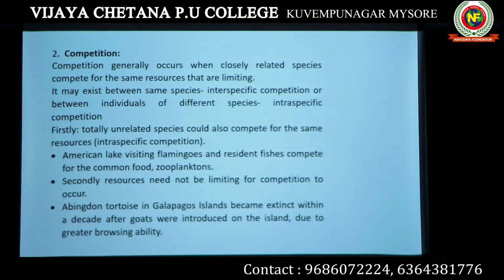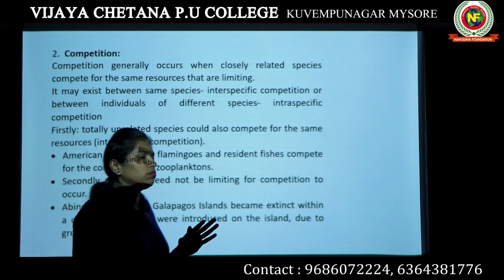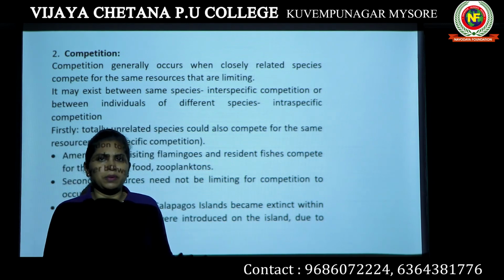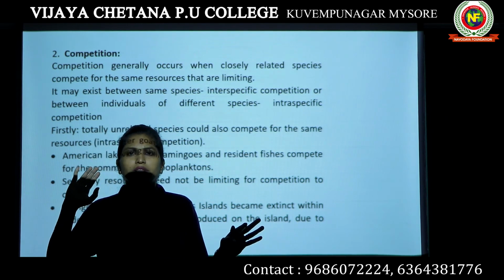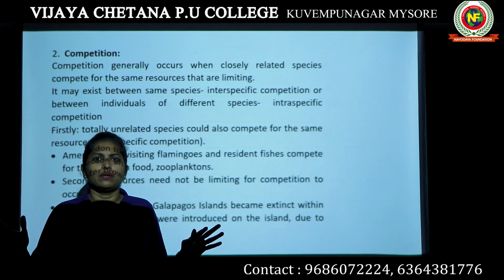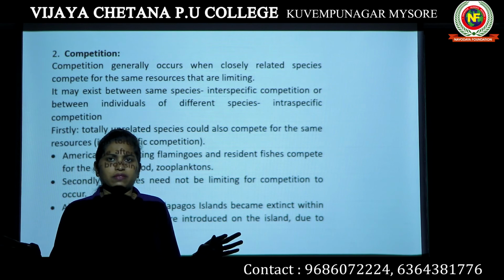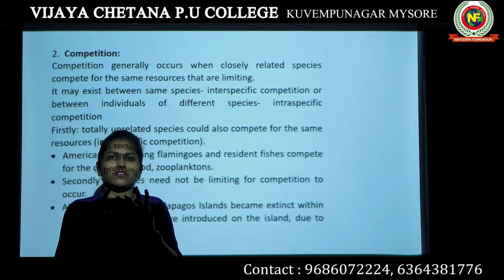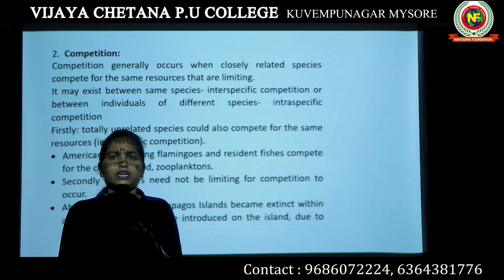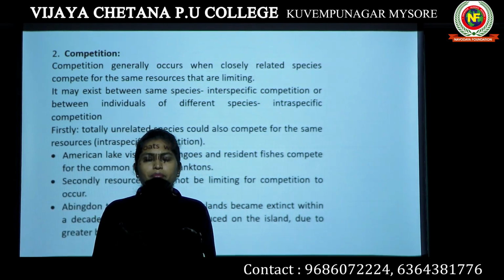Totally unrelated species could also compete for the same resources. There are totally different species. A hyena might be competing with a lion. They are completely different species. Tiger and lion are closely related species because they come under one genus, Panthera.